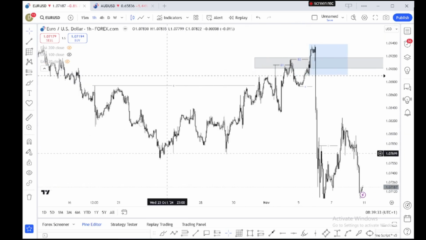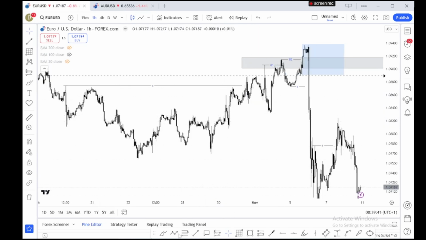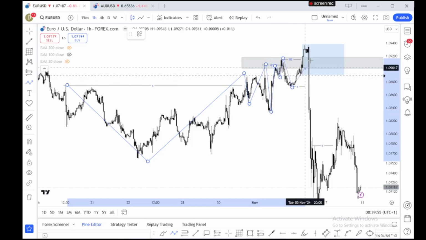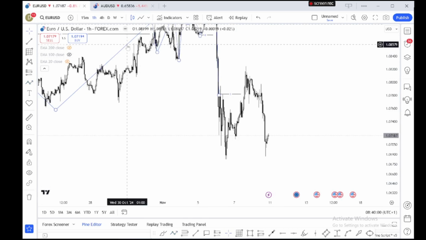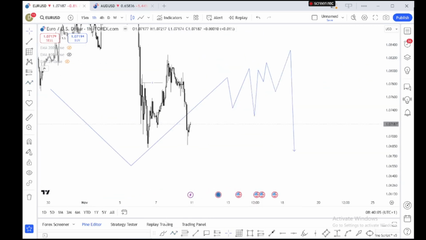Because why? Market changed character here at this level, and it pushed up like this. After, let's say we had this change of character, inducement, push up, market came back for inducement, push up again. On its way, you see, this is it. And flash down. So what are we having here? Simple. We have change of character level here.